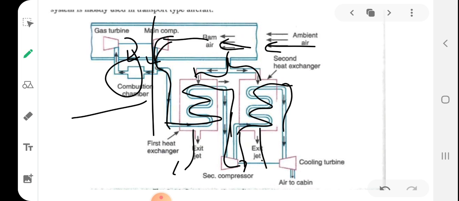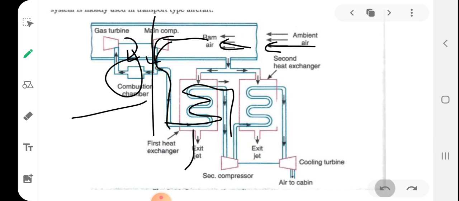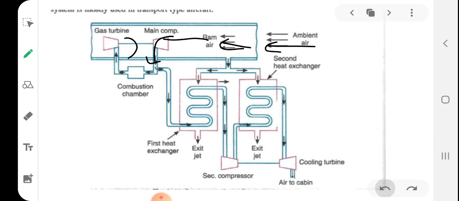This cooled air is passed through a cooling turbine and finally to the cabin. So this is the process. There are two compressors and two heat exchangers in a simple bootstrap system.